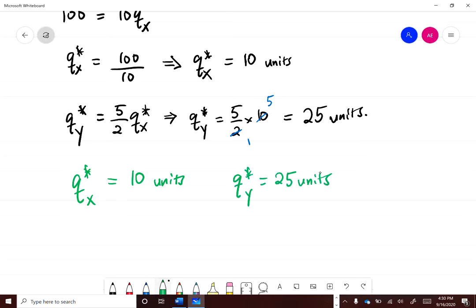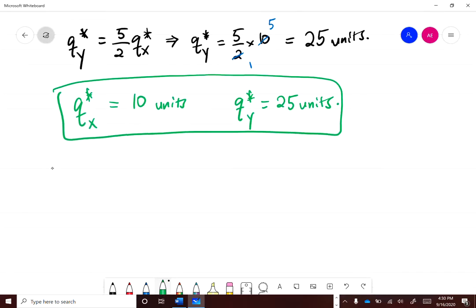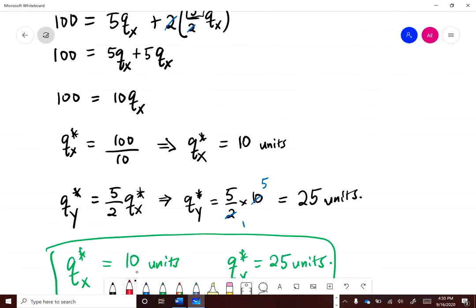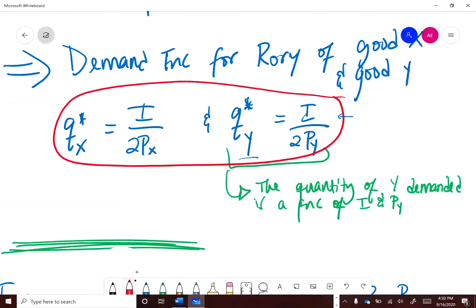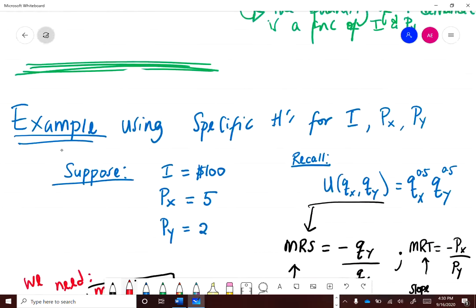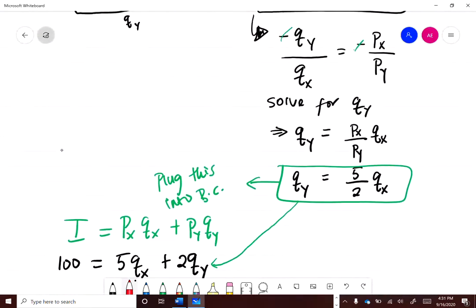Now, instead of going through the long process that we just did, okay, I'll just scroll up. If we have our demand function, right? For any I and any price, we can use this as opposed to going through all of those steps that we just did.